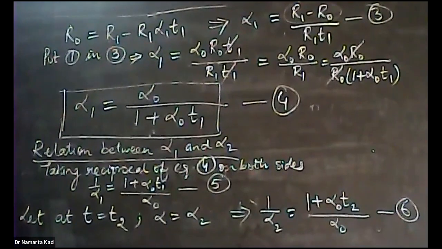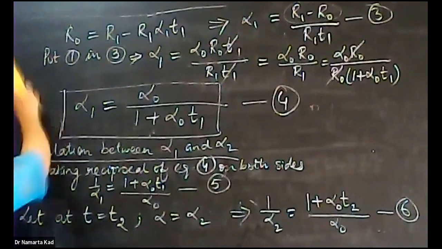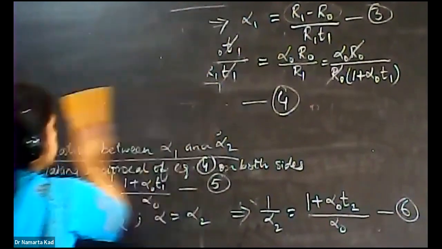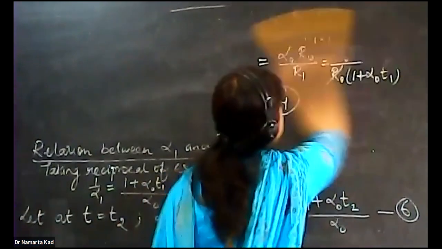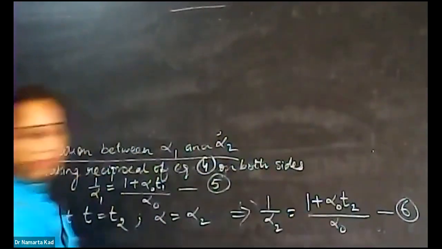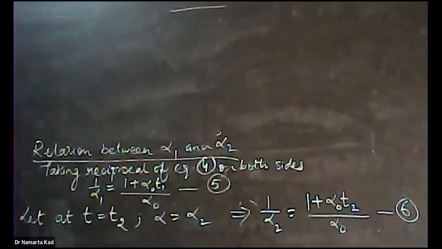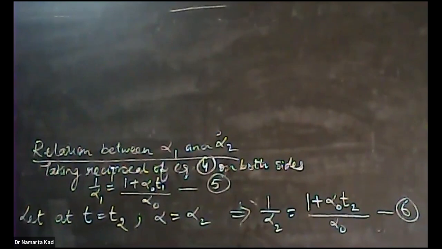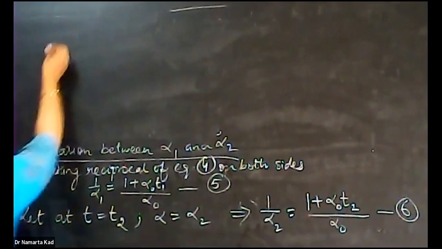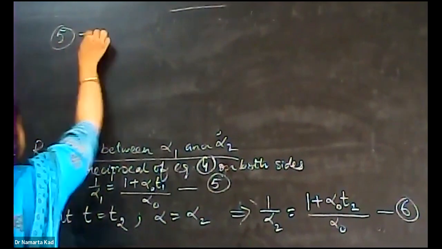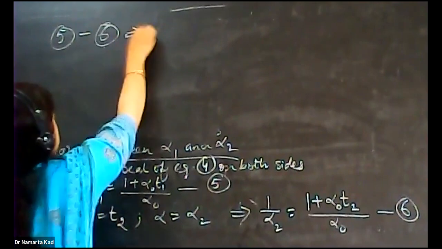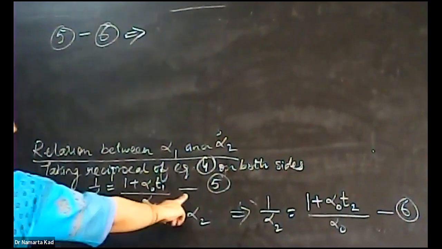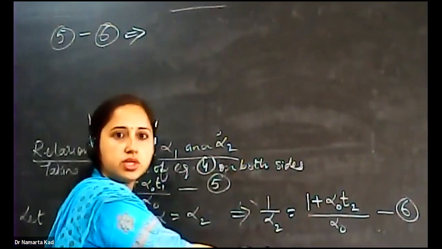Now subtract 6 from 5 in the next step. Subtract equation number 6 from equation number 5. That means you have to do 5 minus 6. ठीक है, so this one is our equation number 5, this one is our equation number 6.